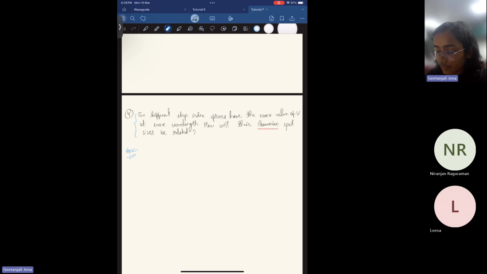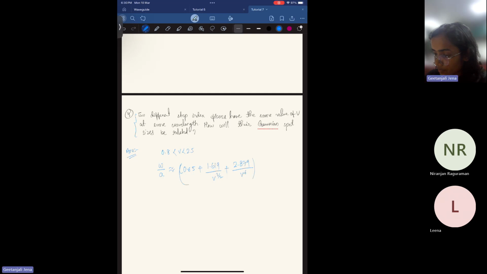Whenever the value of V lies between 0.8 to 2.5, we can write W by A as 0.65 plus 1.619 over V to the 3 by 2 plus 2.879 over V to the 6.